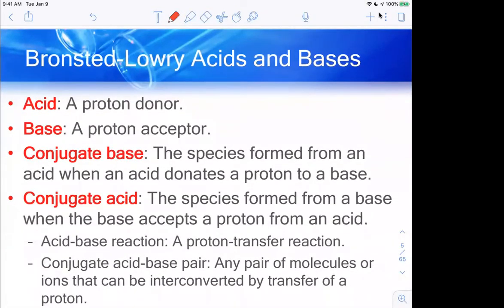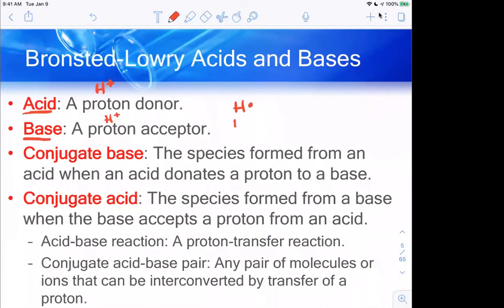There's another definition of acid and base, which is called the Bronsted-Lowry acid and base theory. Here, an acid is a proton, or H+, donor, and a base is a proton, or H+, acceptor. Now let's think about this. Hydrogen has 1 proton and 1 electron.